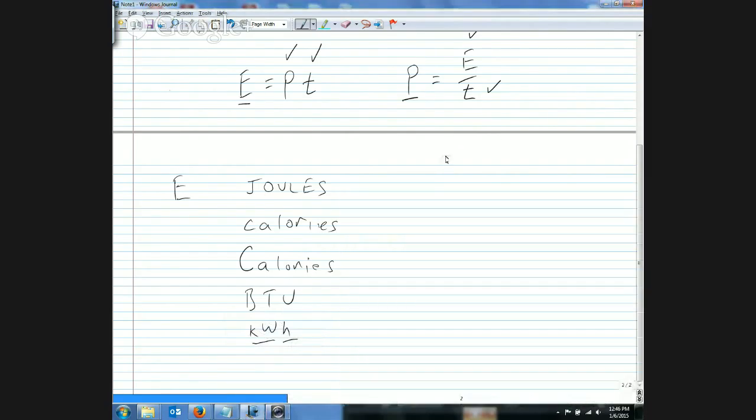Now let's look at power, and this can be measured sometimes in watts. Sometimes it's measured in horsepower.